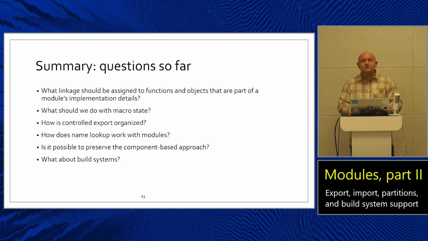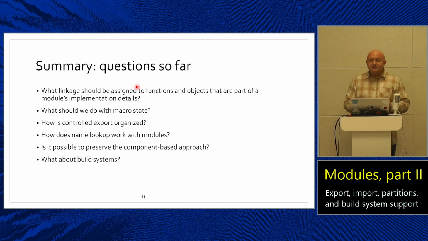And last time, we stopped right at the moment when the big questions appeared, and we didn't yet have answers. First of all, what linkage should we assign to functions and objects that belong to the module's internal implementation? External and internal linkage clearly aren't enough anymore.